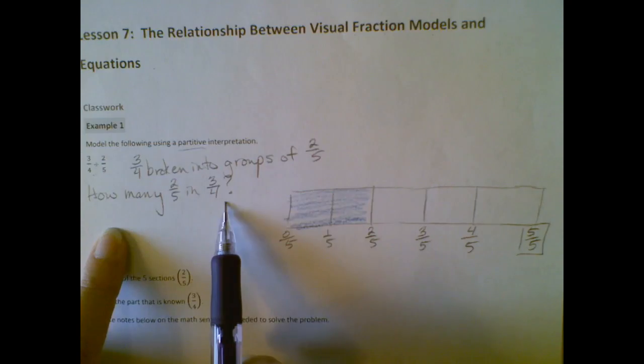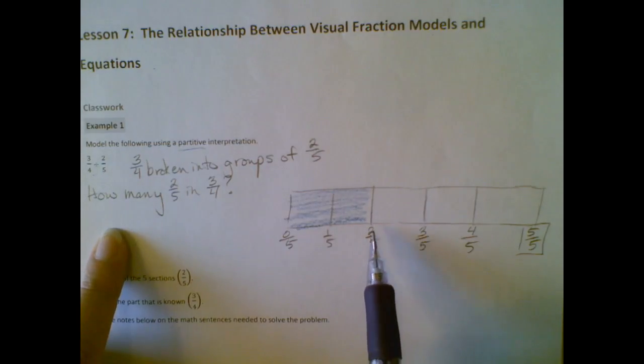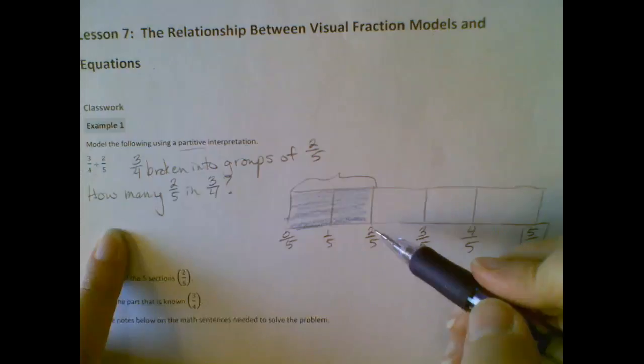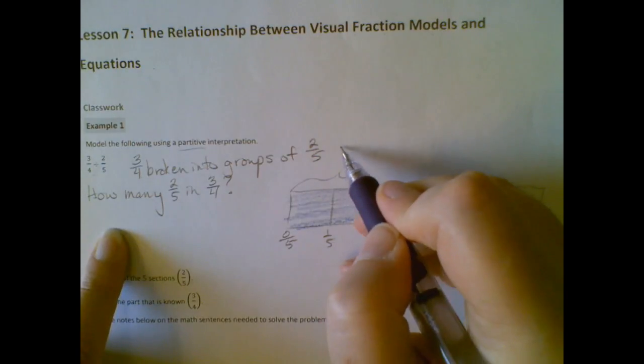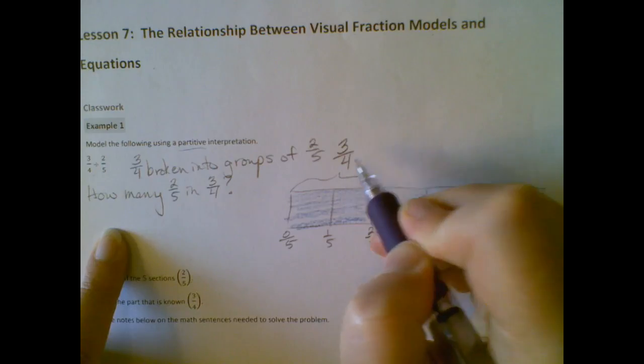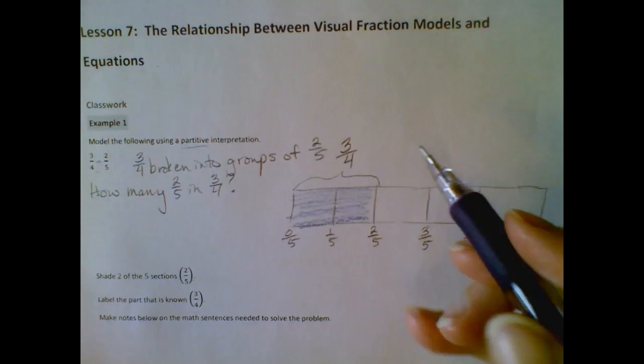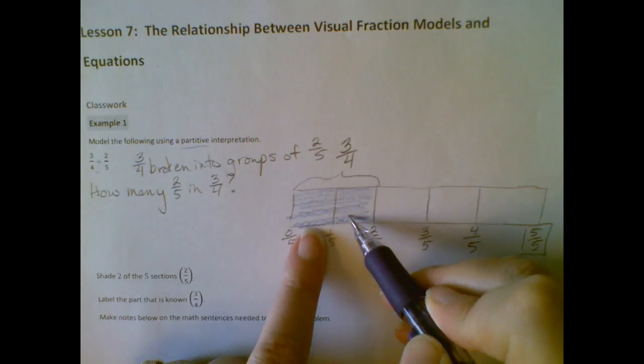How many 2/5 in 3/4? They're saying that 3/4 is what 2/5 is. So this is also equal to 3/4. So what I need to do is find out what's half of 3/4.